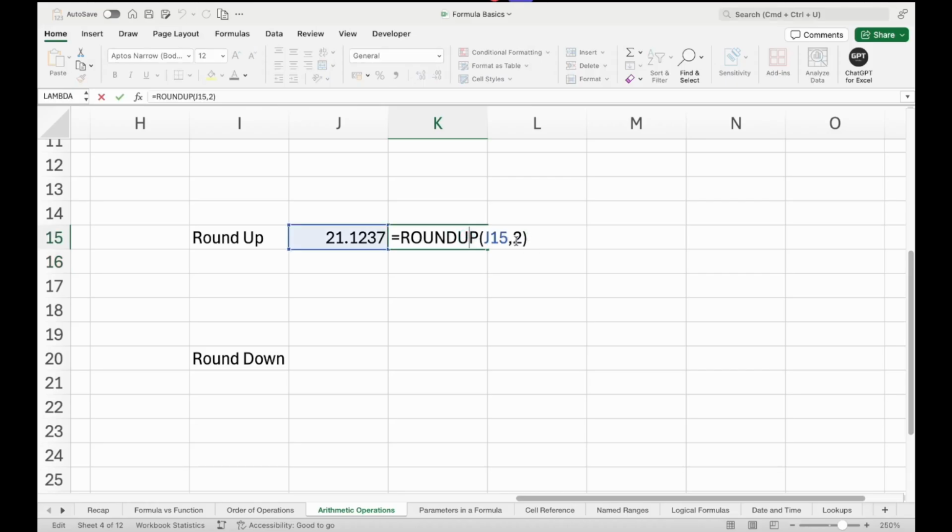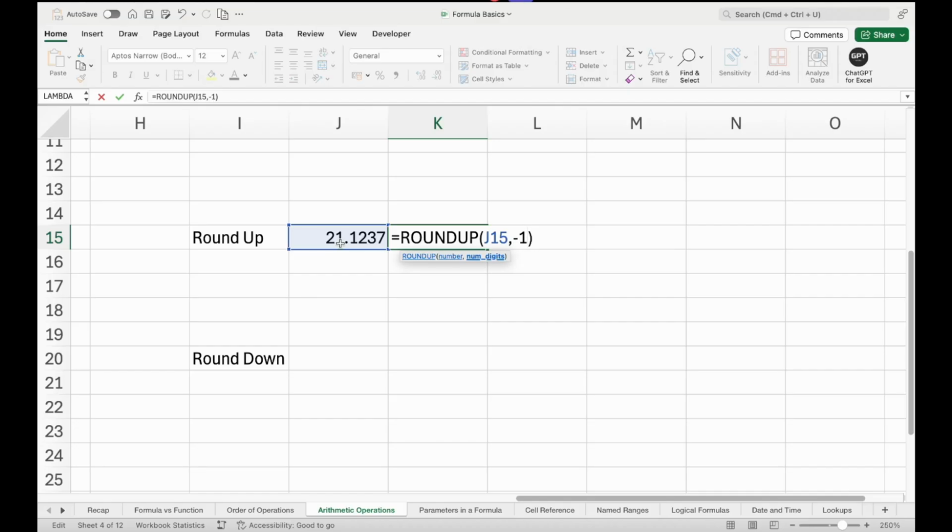If I do a negative 1, what it will do is take the number and first of all remove all the decimal points. 21 is the initial number that we are left with. Now minus 1 removes the first digit left of the decimal point and converts that into 0, so we end up with 20.